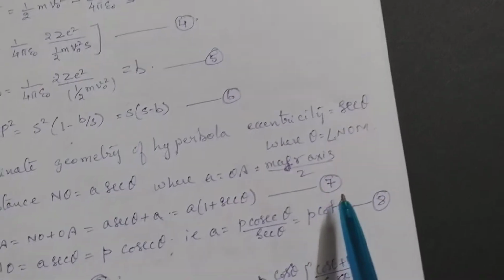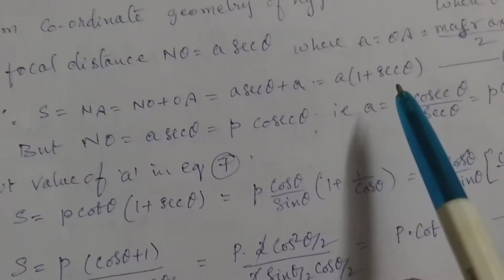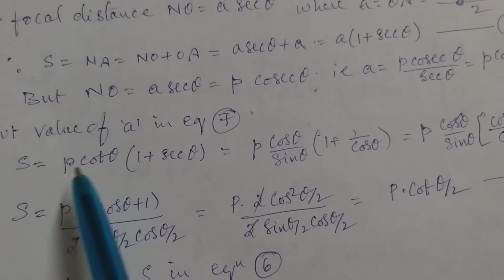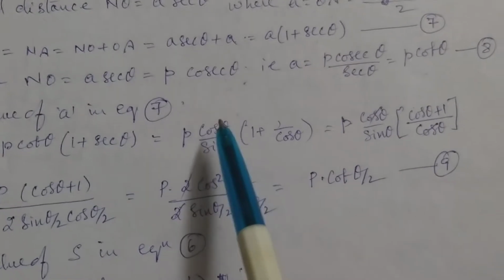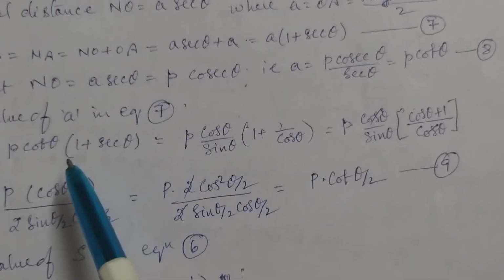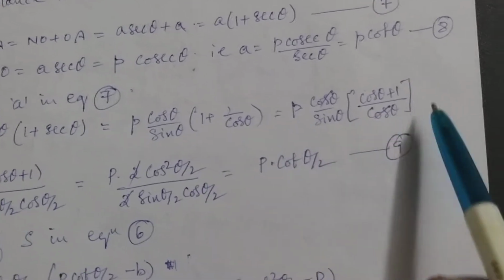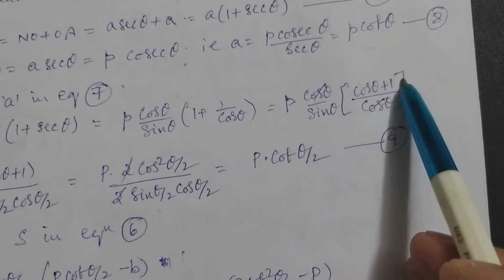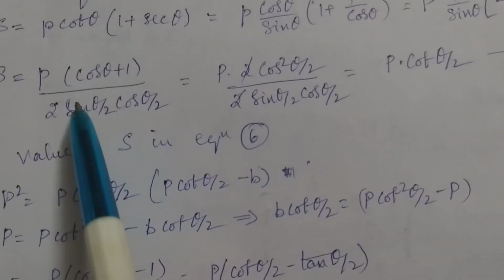Where is your equation 7? Here, this equation. S is equal to A into 1 plus secant theta. Instead of A you can put P cot theta, and cot is cos by sine, secant is 1 by cos. So if you take LCM, cos theta, it will be cos theta plus 1 by sine theta.